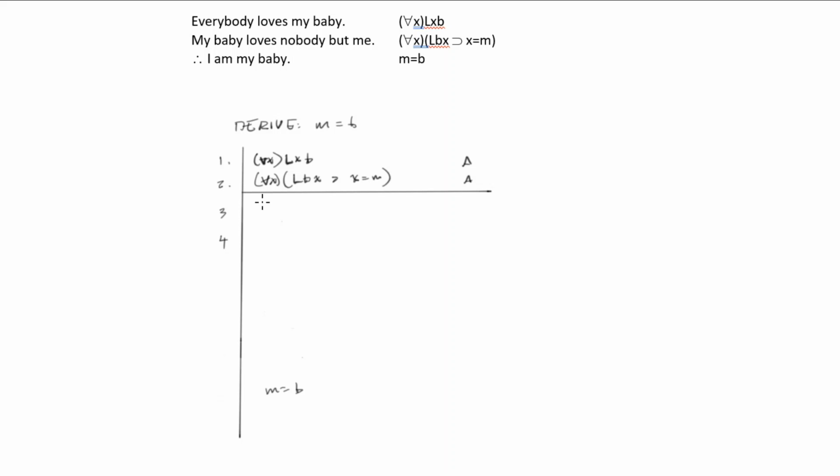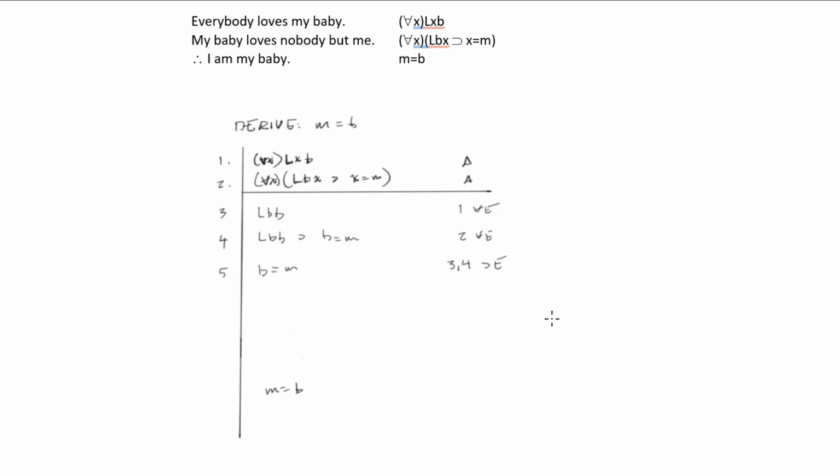So let's go ahead and instantiate both universals to the name B. LBB is going to be from line 1 universal elimination, and then LBB horseshoe B equals M from line 2 universal elimination. That sets us up to do conditional elimination and get B equals M from lines 3 and 4.